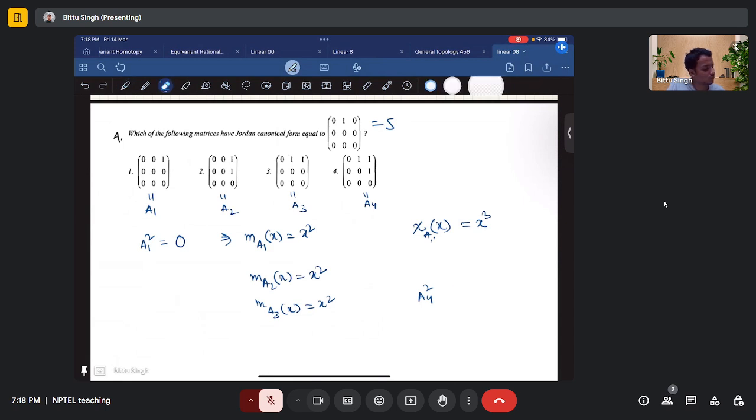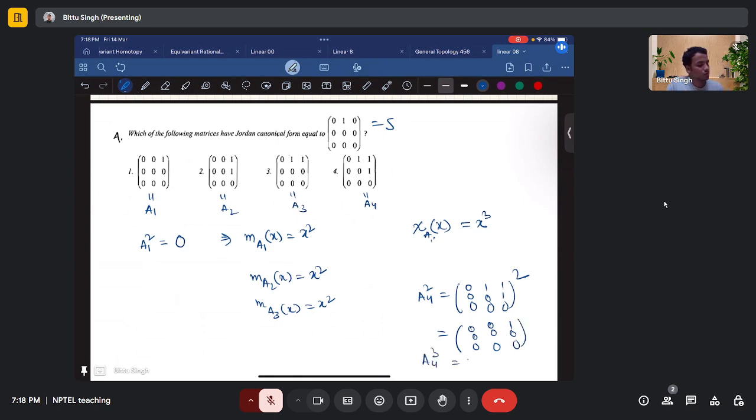Let me calculate what is A4 square for your convenience. 1 0 0 1 1 0. Just multiply twice so that it becomes 0 0 0 0 0 0 and now 1 0 0. So actually A4 cube equal to 0. So the minimal polynomial of A4 is actually x cube, right?